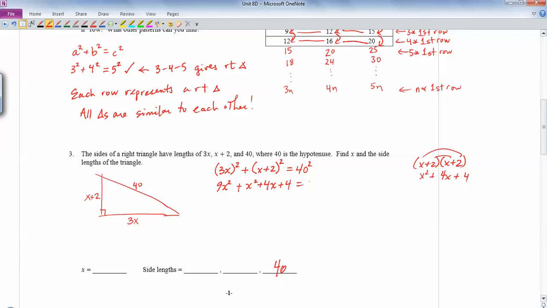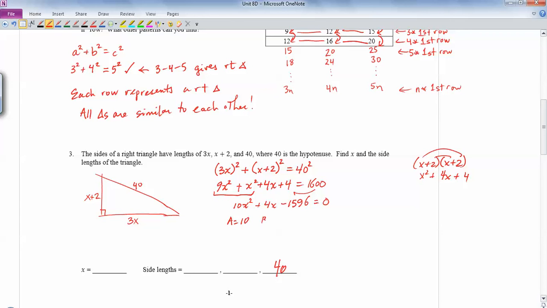And then 40 squared is 1600. If I simplify this, 9x squared plus x squared is 10x squared, plus 4x, and then 4 minus 1600, if I bring this over, is negative 1596 equals 0. Now, if you wanted, you could divide everything by 2 to make the numbers a little nicer, but I'm just going to use a calculator anyway.